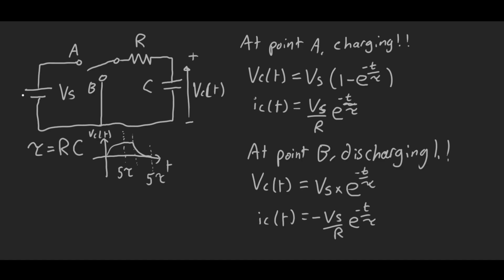Not from 5 tau to 10 tau. It's 5 tau from when we initialize that change of operation so that the capacitor discharges. And for the current, we draw it here, just underneath.